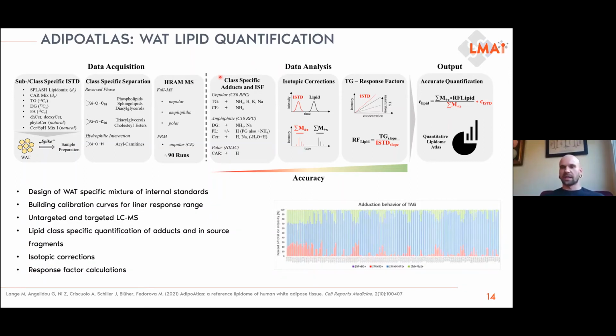So each lipid can adduct with different kinds of metal ions or protons, and this is dependent on the structure. And you can see that on the lower hand side here. On the x-axis, you see various types of triglycerides. The y-axis shows the relative intensity of different adducts to the total ion intensity. And we see that depending on the structure, there's a very different adduction behavior. So we always have to quantify all of these adducts, sum them up together.